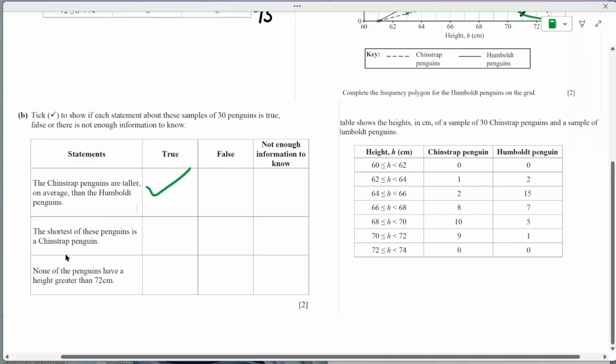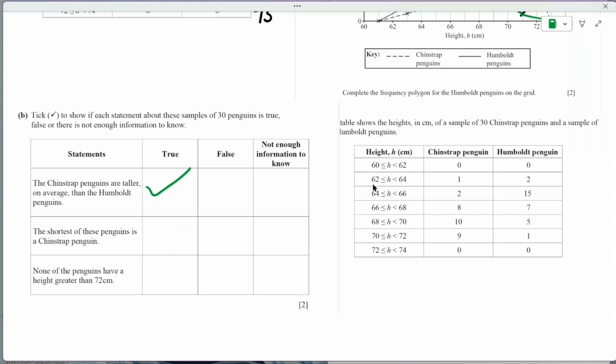I hope you understand. The second question says the shortest of the penguins is a Chinstrap penguin. This is where you have the shortest. The shortest height is supposed to be between 60 and less than 62, but you don't have a Chinstrap or a Humboldt penguin within that height range. We go to the second, where you have the next short height.